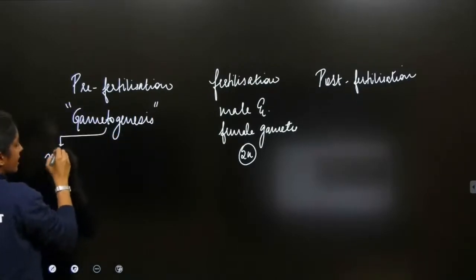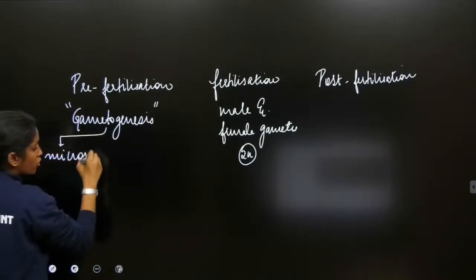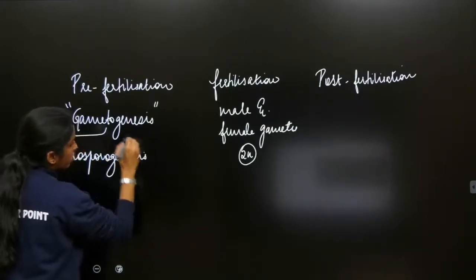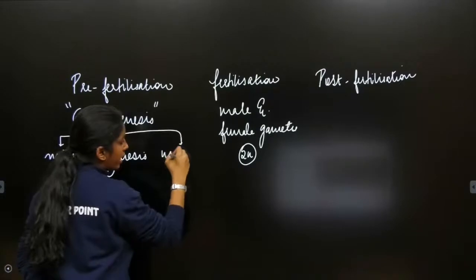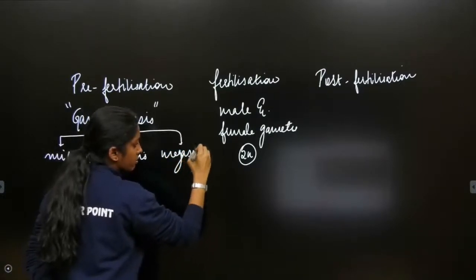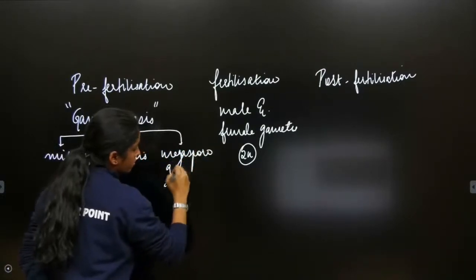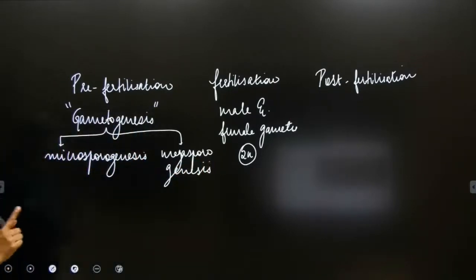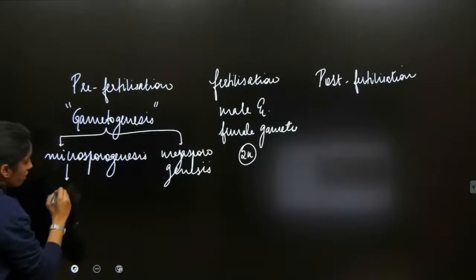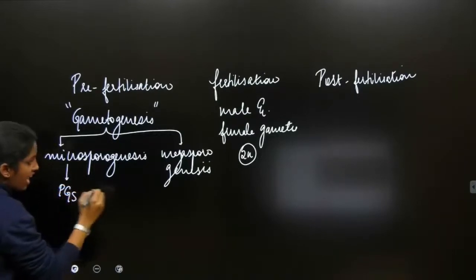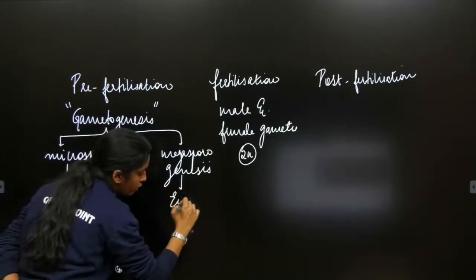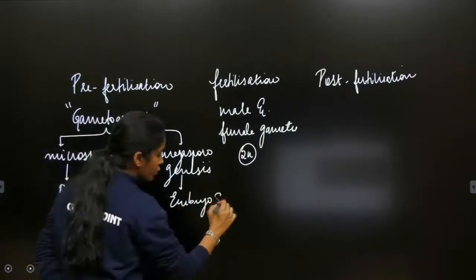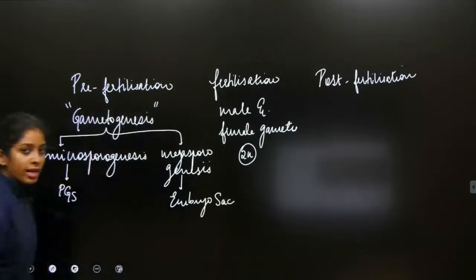The formation of the male gamete is called microsporogenesis, and here it is called megasporogenesis. So our male and female gametes are ready. Your male gamete is your pollen grain and the female gamete is your embryo sac, which has 8 nuclei and 7 cells, right? So all these are ready.